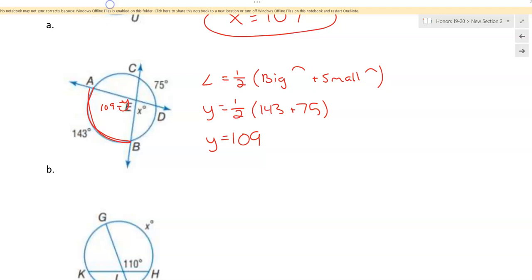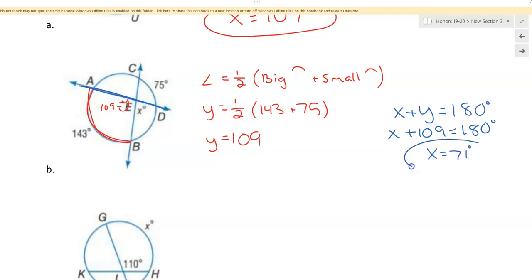Now if I'm solving for x, we can still use all the same things I know. X and Y make a straight line, and a straight line is 180 degrees. So X plus Y is going to be 180 degrees. So X plus 109 equals 180, and so then X equals 71 degrees.